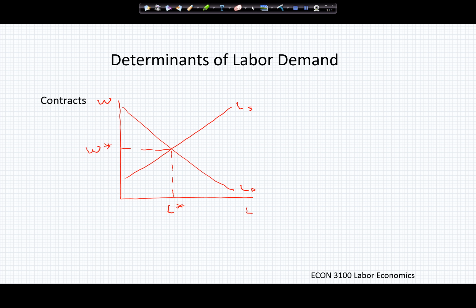And let's say that these are for production workers. And let's assume that a union has negotiated on behalf of these workers and brought about an increase in wage from W star to, let's say, 12. So let's assume the W star was below 12, which then is going to change some of our relationship here.